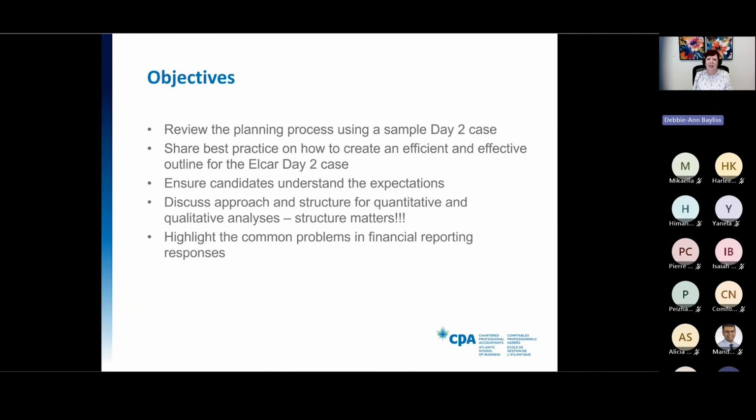It increases the opportunity of you preparing a competent response. I'm also going to highlight some of the common problems that the Board of Examiners have seen when it comes to the candidates' financial reporting responses. And of course, I'm going to open the floor for any questions you may have.